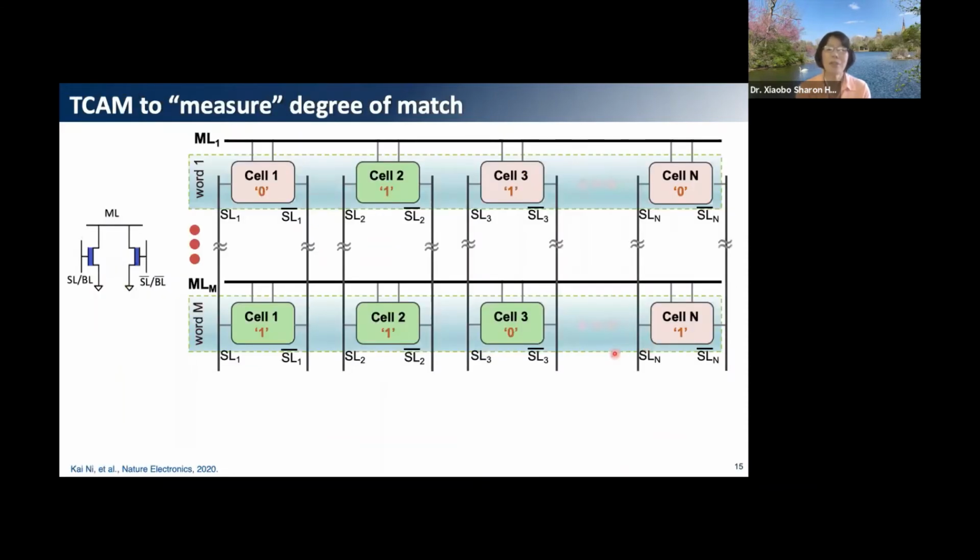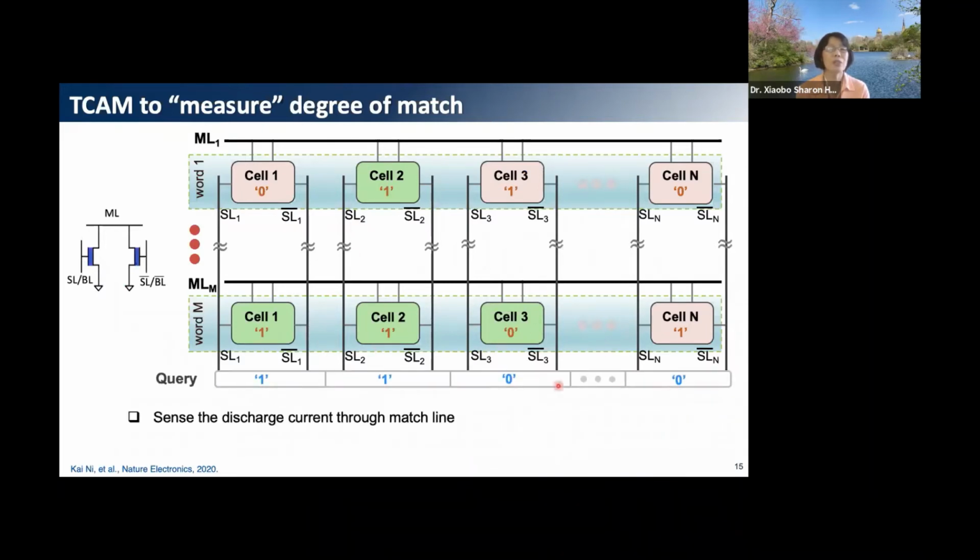So I mentioned exact match. Now the same cell design can also be used to detect what we call the degree of match across a whole array in parallel. So consider this TCAM cell with data as shown here. So this is what is stored.